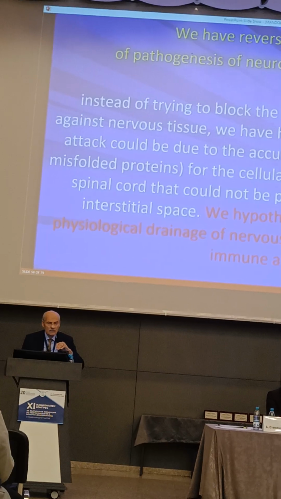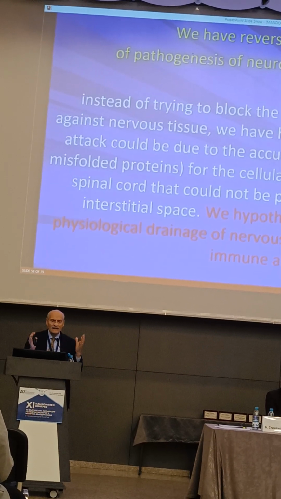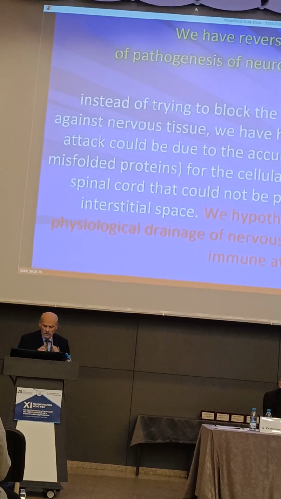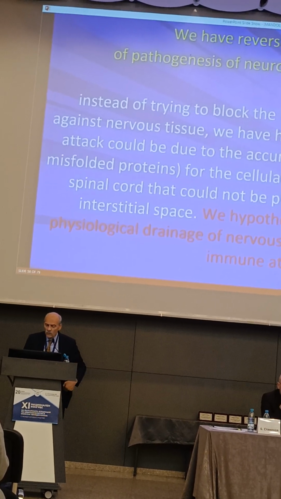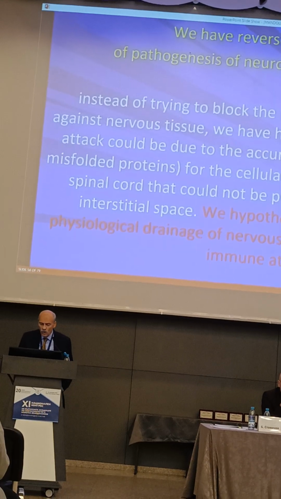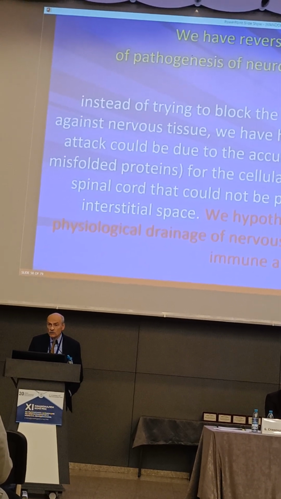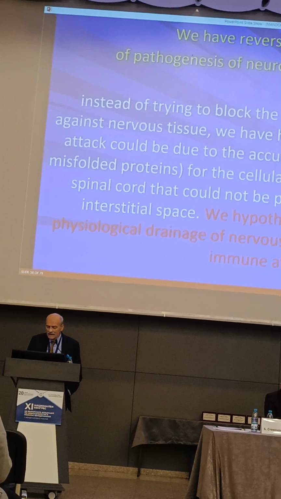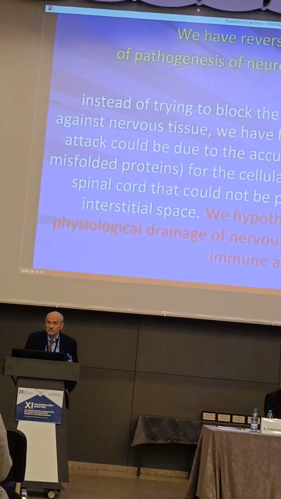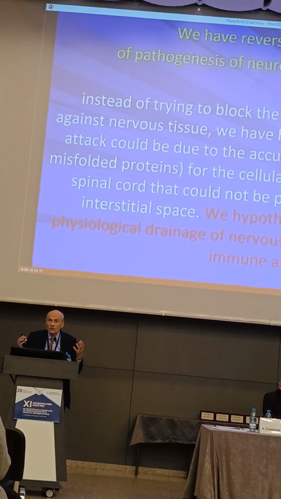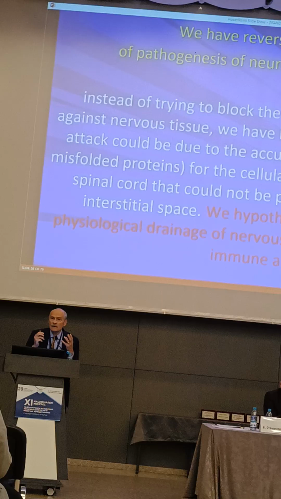This is a completely different point of view. We hypothesize that restoring the physiological drainage of nervous tissue could decrease the immune attack. We know we have immune attacks on our brain.